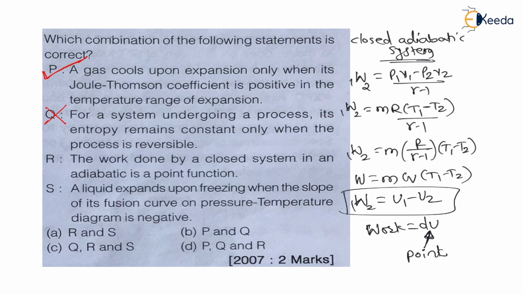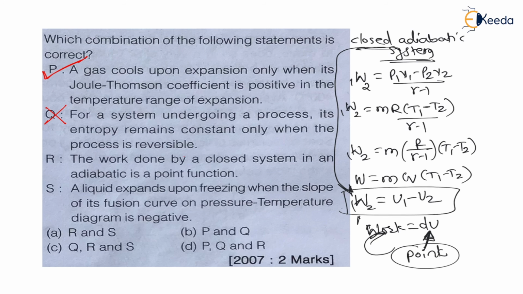Therefore only for a closed system, adiabatic work is a point function, but for all the rest of the processes the work is a path function, right? Here internal energy is a point function, hence this work becomes a point function, but for all other processes the work will be a path function.